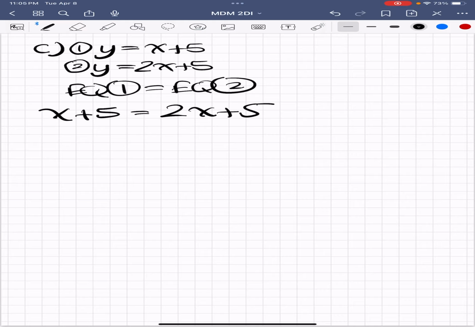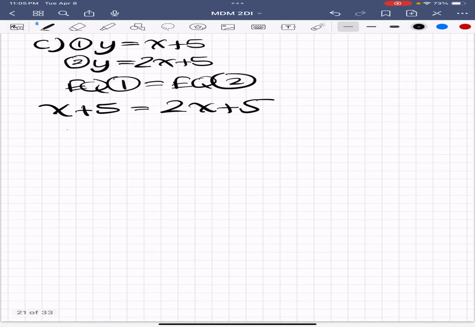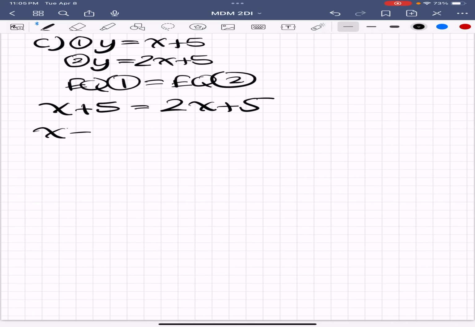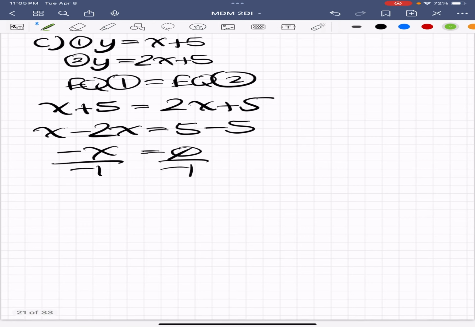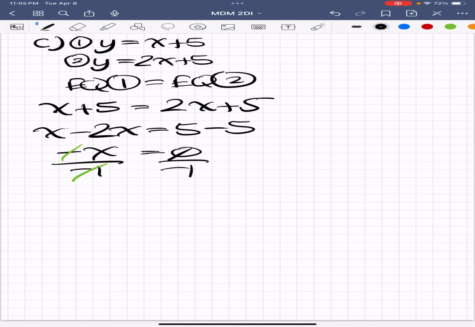Then we have x minus 2x, and 5 minus 5 equals 0, so negative x equals negative 1. Dividing both sides by negative 1, and I will use green. The negative 1 cancels out, so x is 0.